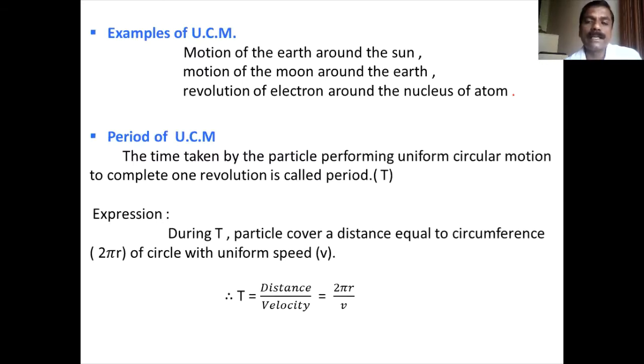So here if we take time as capital T, that is the period, then in that time the distance covered is 2 pi r, divided by the velocity v. So you will find this is an expression for the capital T, which is the symbol for the period of a UCM. So when the particle is performing the uniform circular motion, the period is calculated by using this formula: capital T is equal to 2 pi r divided by v.